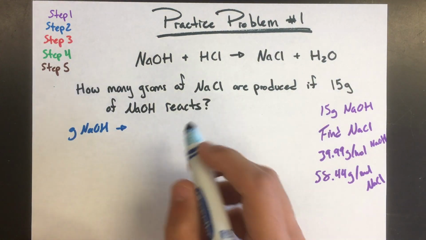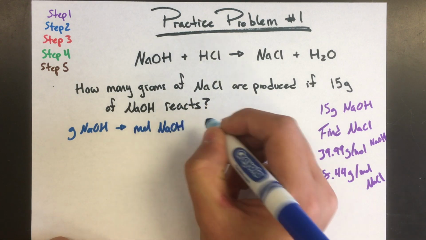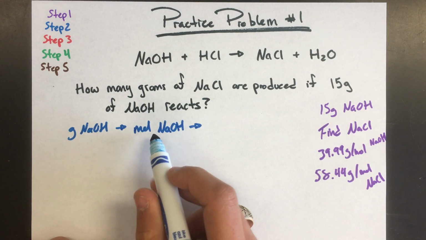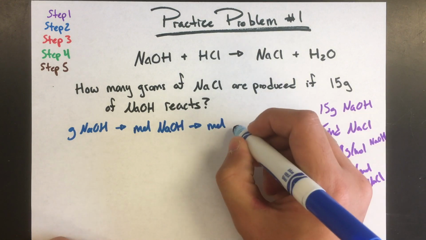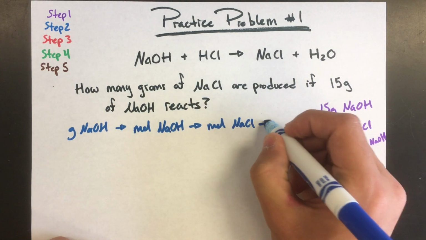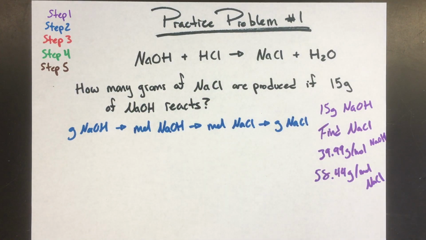So we got grams of sodium hydroxide, we can convert that to moles of sodium hydroxide. Then we can convert that from moles of sodium hydroxide based on this reaction to moles of sodium chloride. And then from there, we can go to grams of sodium chloride. So that's step 2. There's our conversion roadmap.